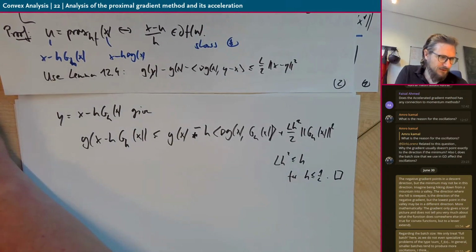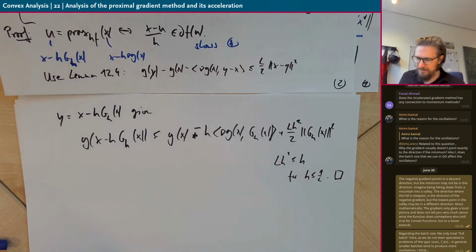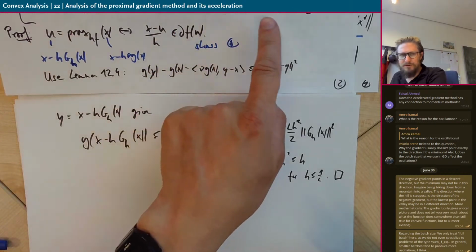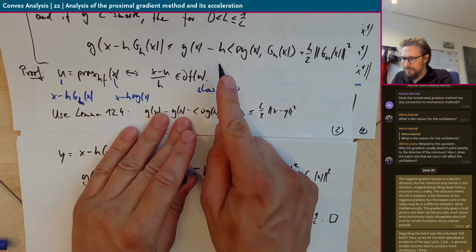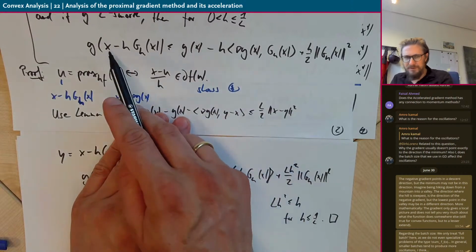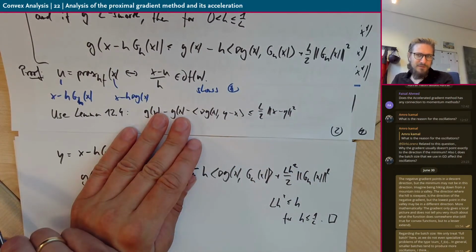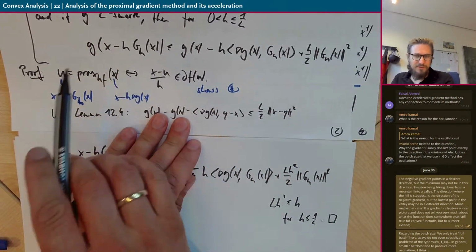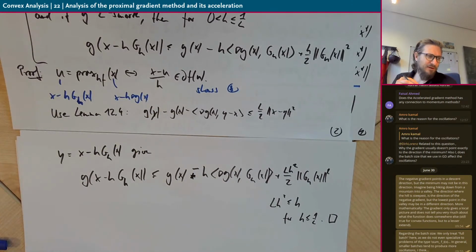Okay. So that's nice, but that's not really what we want. Here we see that under appropriate conditions on h, this g gets smaller with the proximal gradient step, but we would like to have f plus g getting smaller.